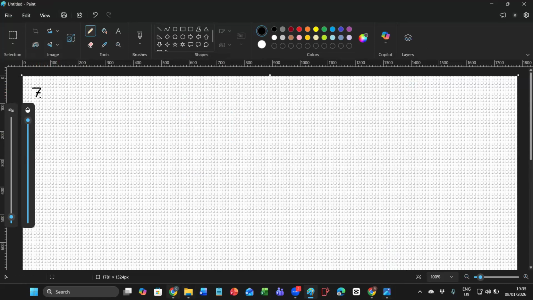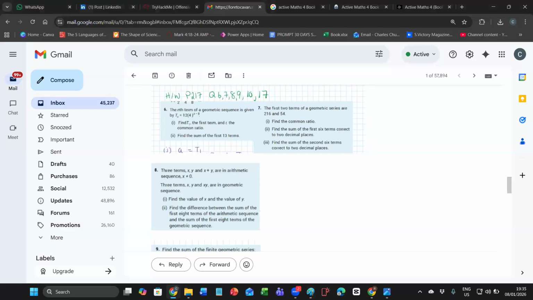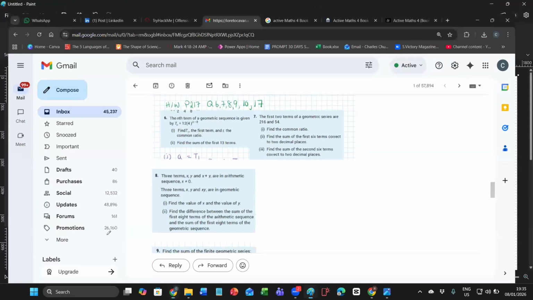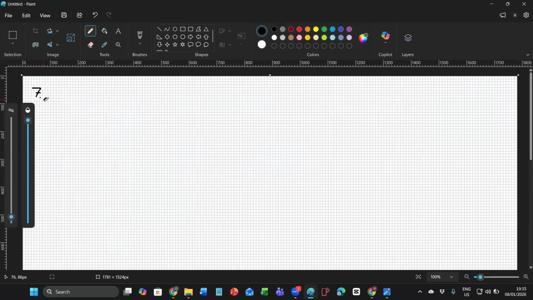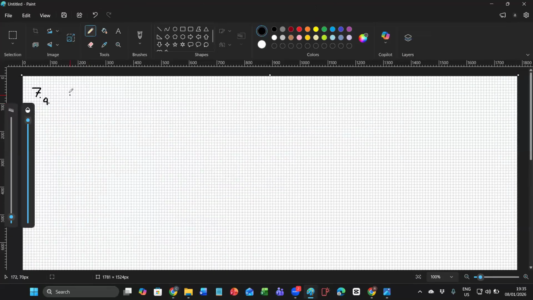So let's take a look at number 7. We've already concluded that the common ratio, number 7A, is 54 over 216. What number will break this down? 9 or 6?